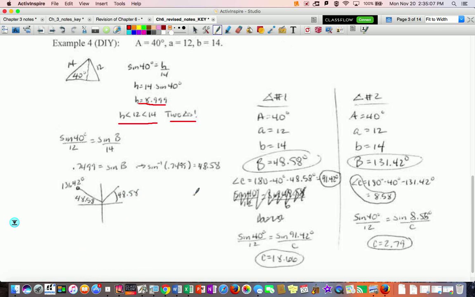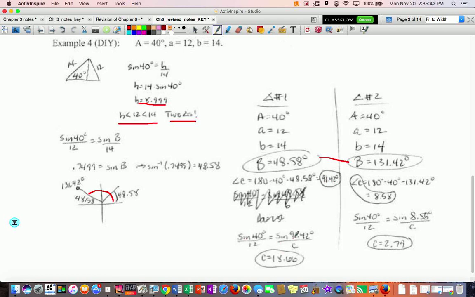Now, when you do triangle number 1, you can go ahead and find that B is 0.58. And if you use that as a reference angle, the other one is 131.42 from here to here. And so those two right there, you could think of as what is the angle and what is the reference angle. Now, if the second angle is 48.58, add the 40, and the third angle is this.